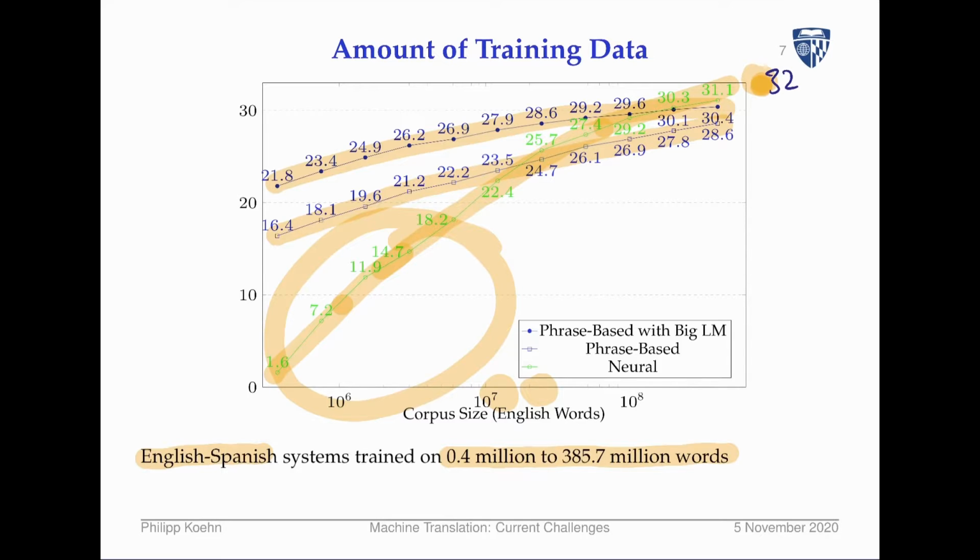But it's not good enough for many language pairs where we don't have much data. Maybe for the top 50, top 100 languages, we have enough data, but for the thousands of other languages spoken around the world, we don't.